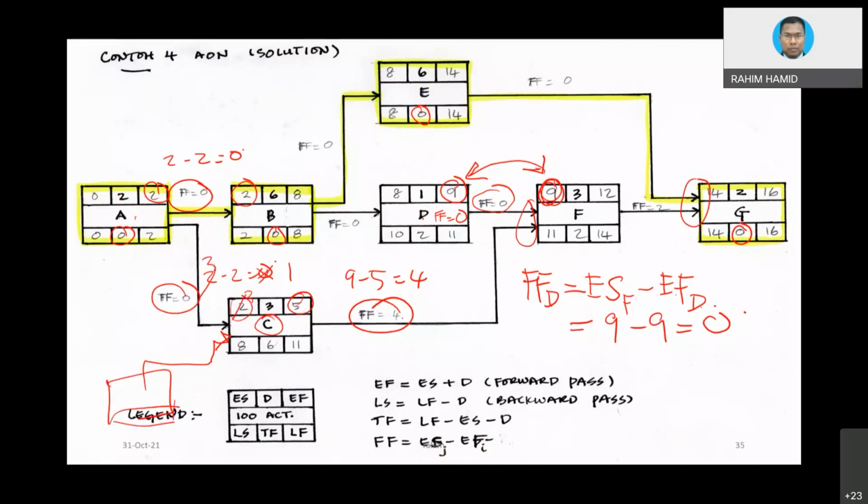So in that situation, we are going to take the free float for A as 0, not 1. It is impossible, because if you take 1, it is as if you can also delay activity B by 1 day. In reality, you cannot, because the starting of B is already in day number 2, which basically must start immediately after A completed. You see, that is the scenario.